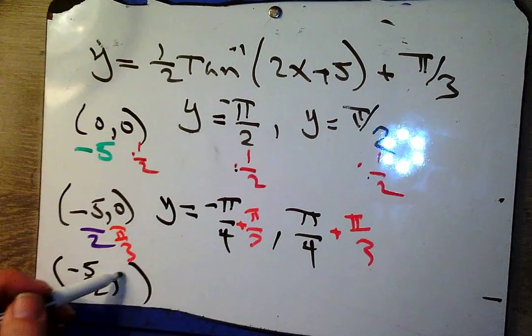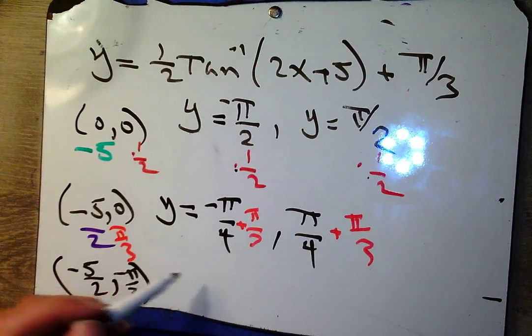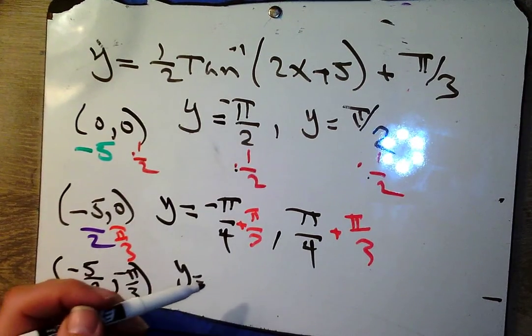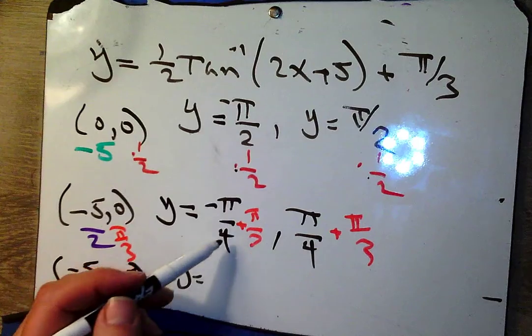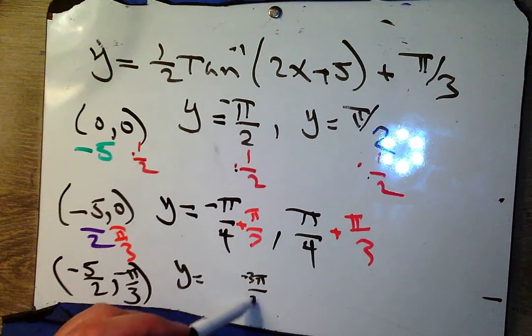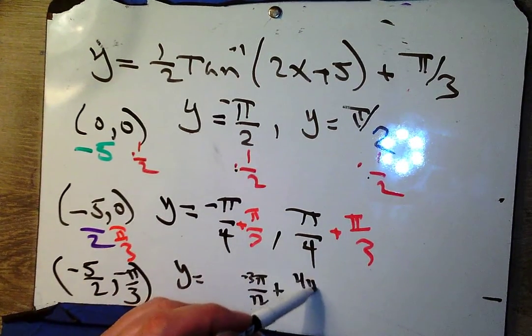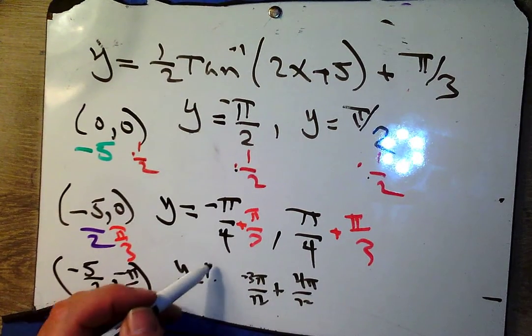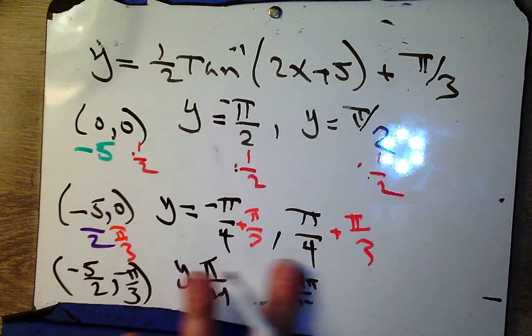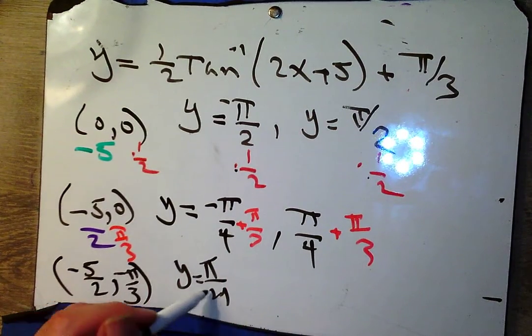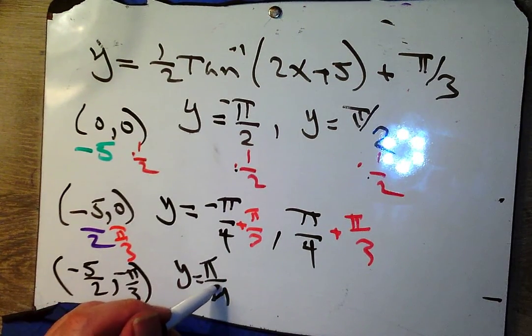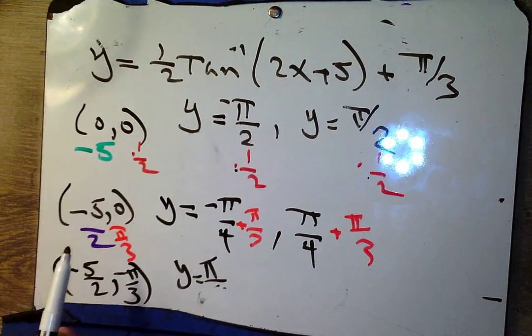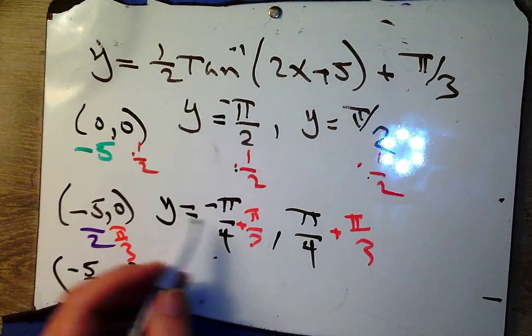Okay. So our final points, the ones that we're going to graph, we've got negative 5 halves. Subtract out minus pi over 3. And we have y equals, so this is negative 3 pi over 12 plus 4 pi over 12. I add those, I get 1 pi over 12.